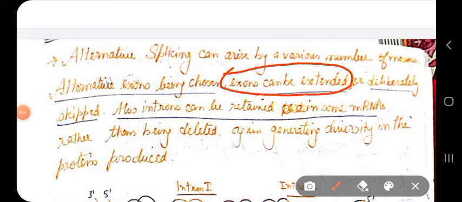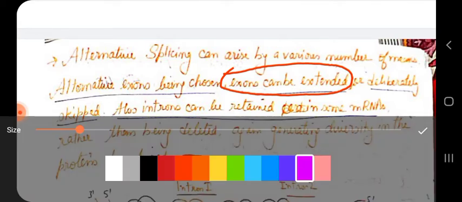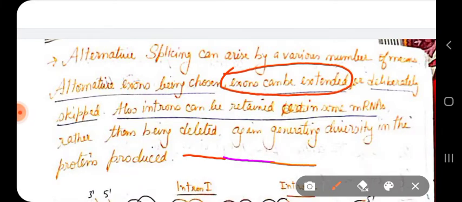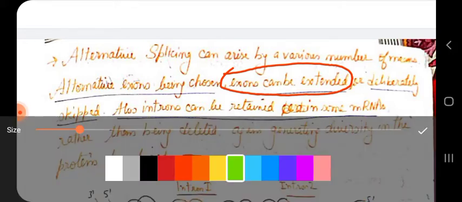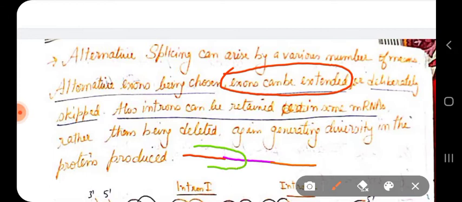That means there is an exon, and it can be extended along with the intron, because just after the end of each exon there will be an intron sequence, then again there will be an exon sequence. So exons can be extended. It simply means that we continue to have this intron sequence with some of the exons.